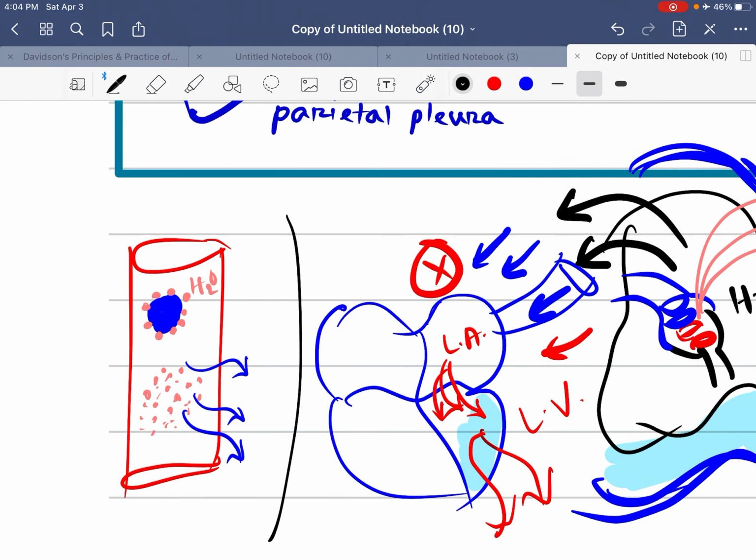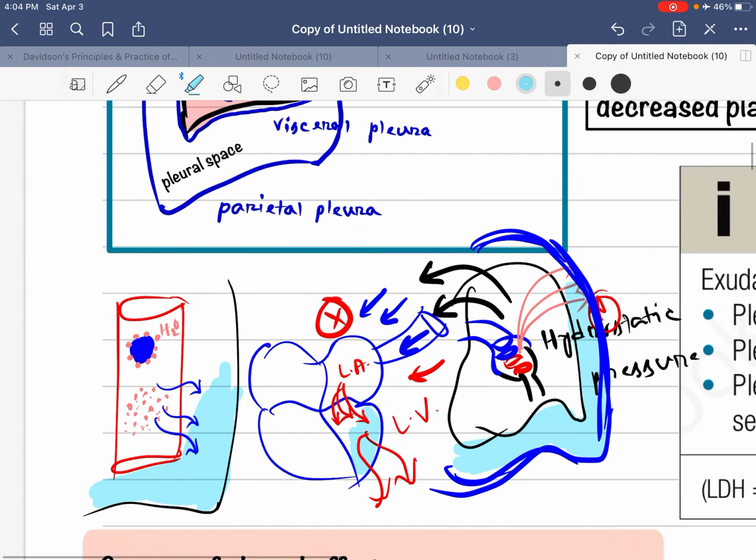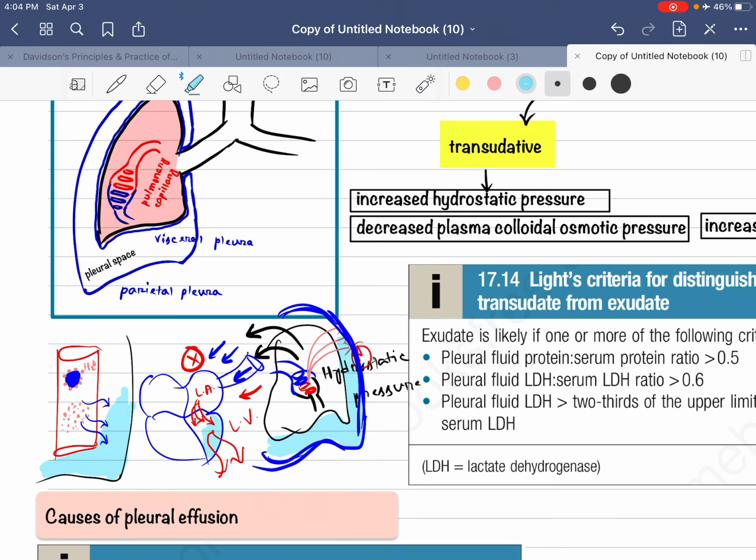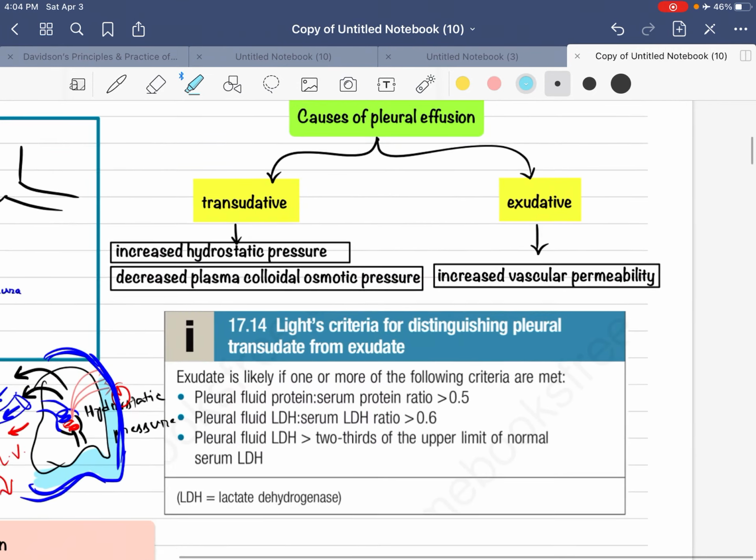Suppose here is the pleural space. So water is now accumulated here, and it is called pleural effusion. I think all of you have understood this matter easily. Alhamdulillah. So let's move forward.